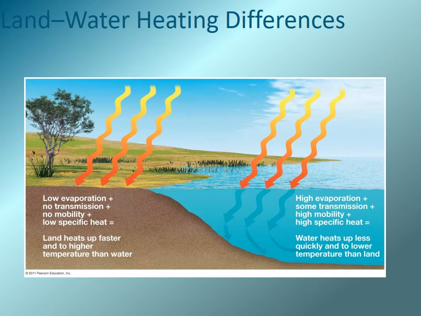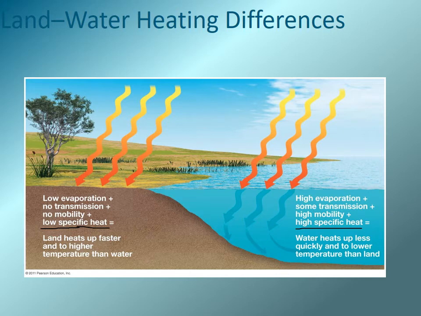A low specific heat means that it doesn't take that much energy for land to heat up very quickly. But that also means that land can cool down really quickly. Water has a high specific heat. It takes a lot more energy to heat up water.